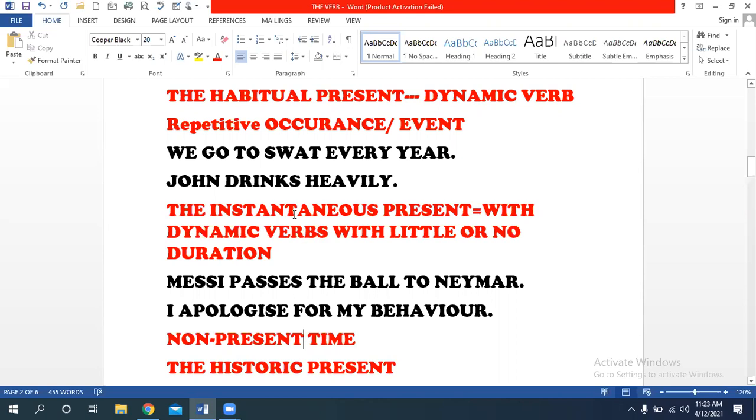It is the instantaneous present. We do not talk about the duration here, the present duration, but still it refers to the present duration. Like in sports, if we say Messi passes the ball to Neymar, in the football commentary, the football game is on.